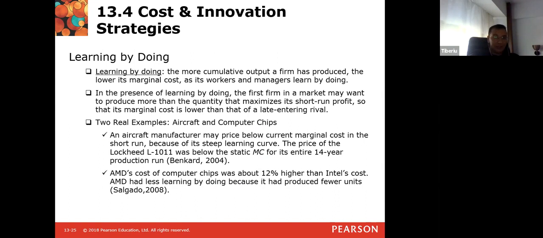In the presence of learning by doing, the first firm in a market may want to produce more than the quantity that maximizes its short-run profit, so that its marginal cost is lower than that of the late entering rival.